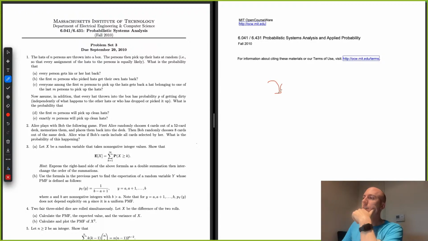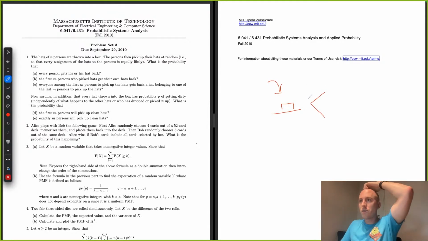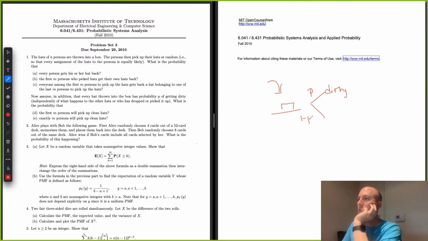So you toss the hat in, and it gets dirty with P and then stays clean with 1 minus P. The first M persons will pick up clean hats.